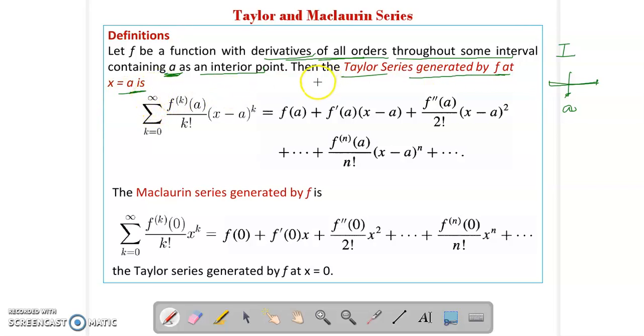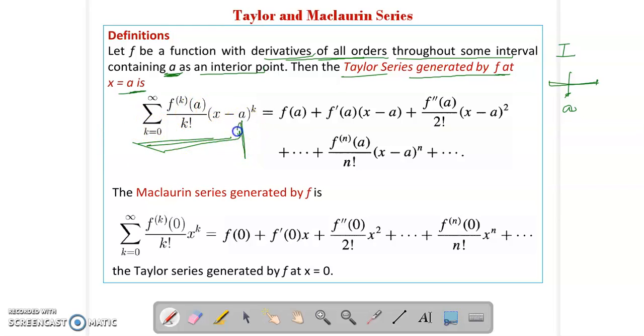So what will be the Taylor series generated by f at this point? It is given by f at a plus f dash at a into (x minus a) plus f double dash at a upon 2 factorial into (x minus a) whole square, and we keep on going like this, up to the nth derivative at a divided by n factorial into (x minus a) to the power n, which we can represent in the form of this summation.